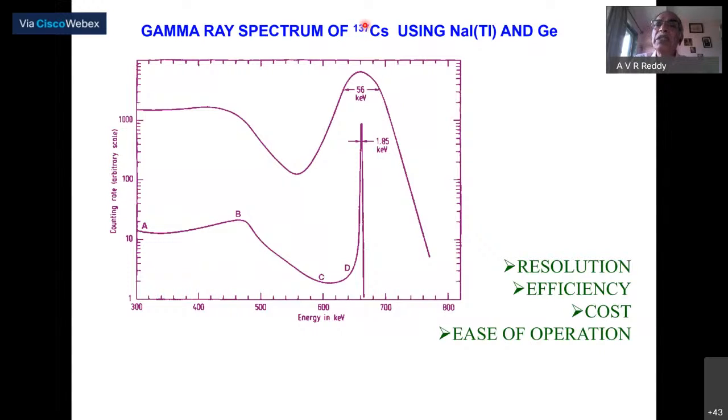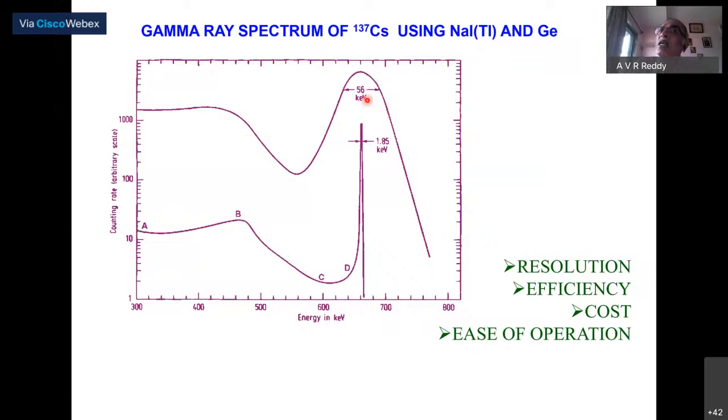This 137 cesium is a gamma standard, which emits 661.6 keV, and this gamma ray is seen as the de-excitation in 137 barium, but attributed to 137 cesium. And when you talk about a good sodium iodide detector, the resolution is 56 keV at 661 keV.